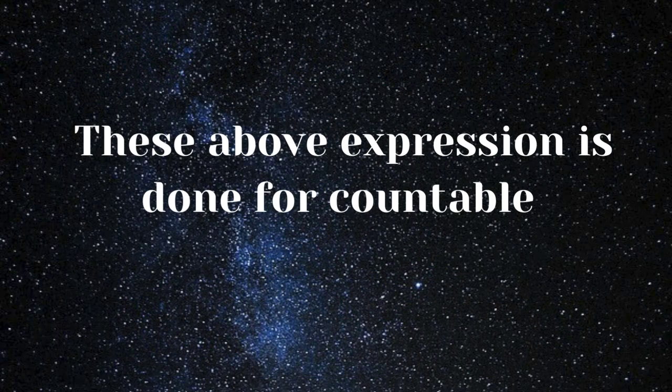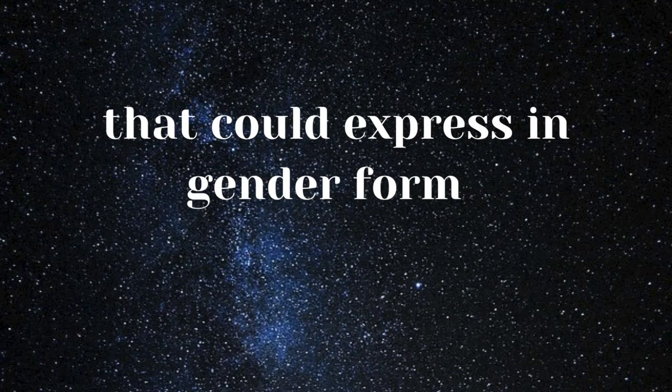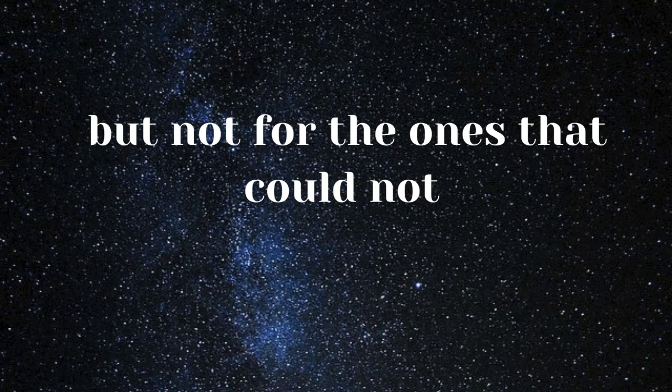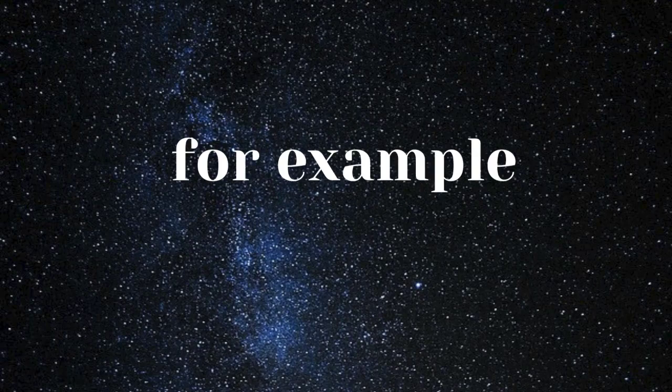This above expression is done for countable nouns that could be expressed in gender form, but not for the ones that could not, that is, not for the ones that could not be in gender form.